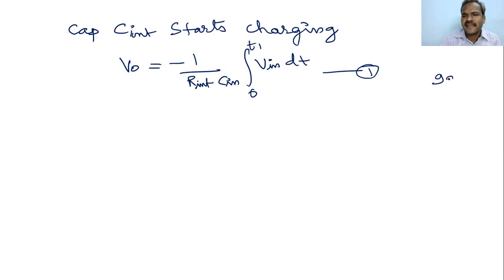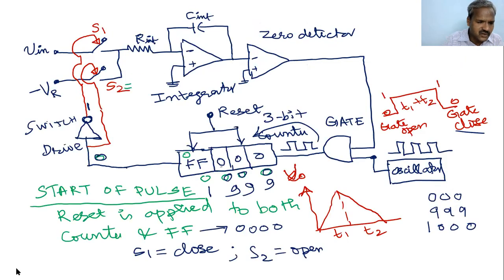So when the flip-flop becomes 1, the total count during the time T1 is 999, because it is a 3-bit counter. If it is a 4-bit counter, it is 9999. And the next pulse makes the counter memory 0. So one pulse exits, and the flip-flop logic level becomes 1. Now see what happened in the next duration.